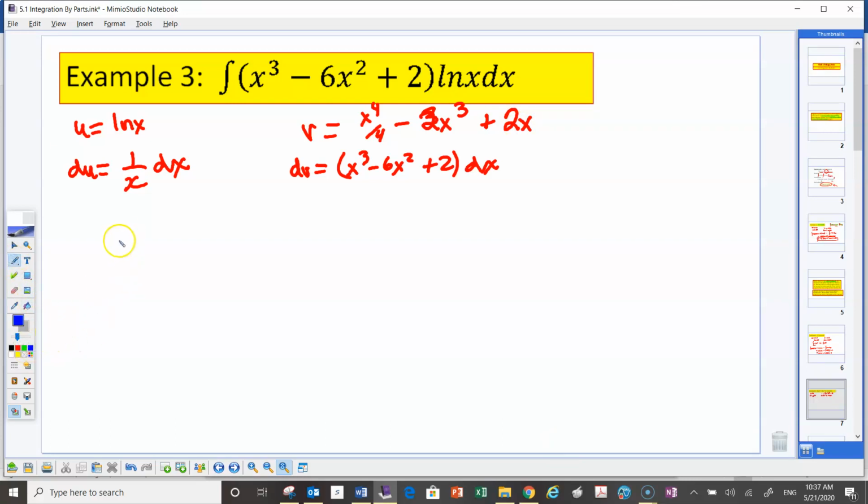That again is the integral of u dv is uv minus integral of v du.